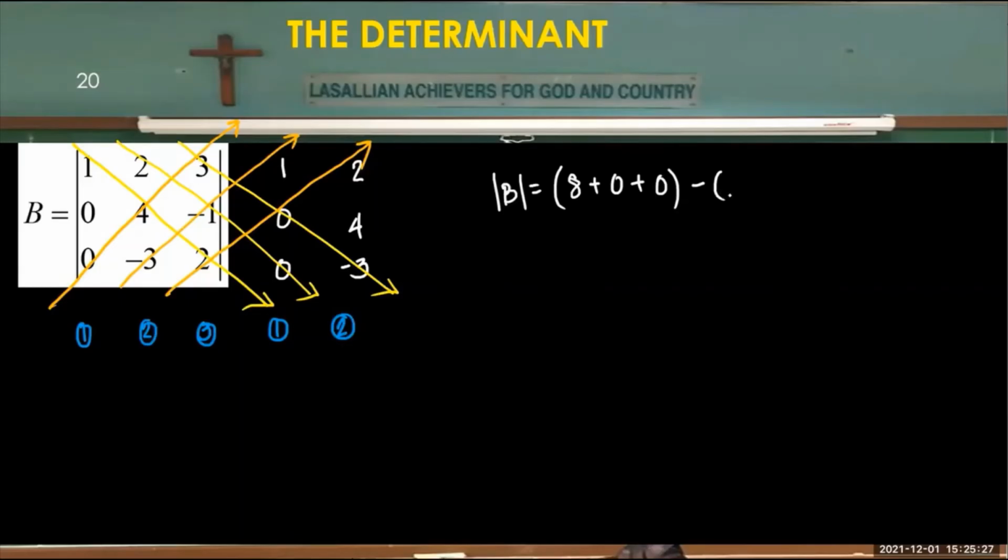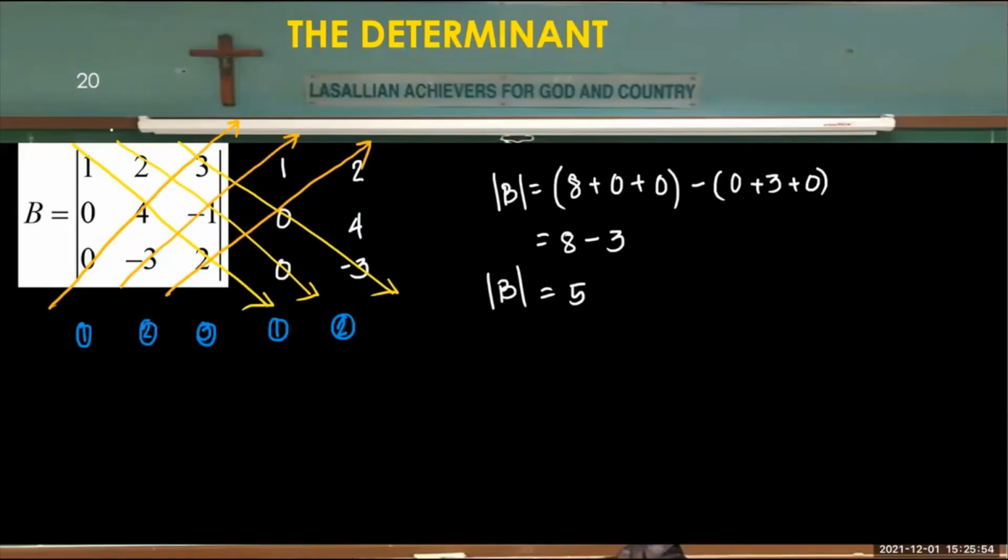Let's go to the secondary. 0 times 4 times 3 is 0. Negative 3 times negative 1 times 1 is 3. 2 times 0 times 2 is 0. So meaning 8 minus 3. 5 is the determinant. So 5 is the number that is equivalent to your matrix.